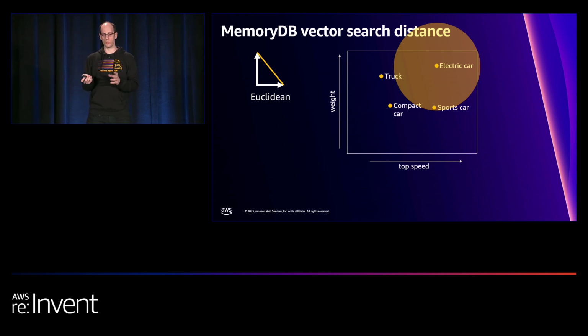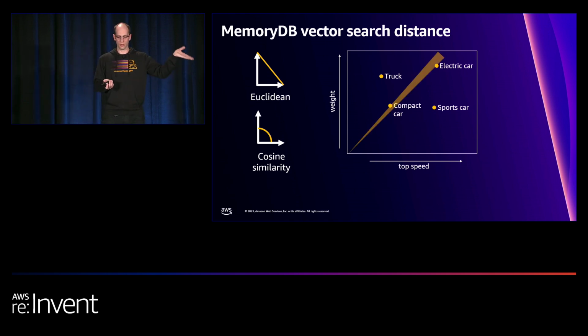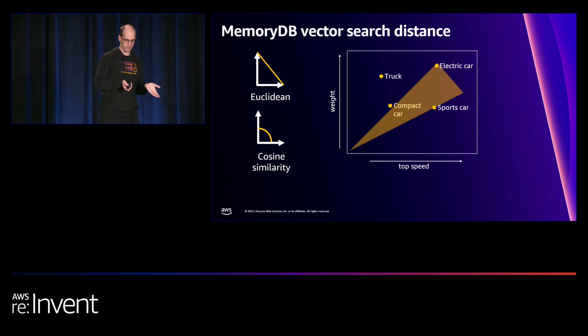But then if I switch to another type of distance, the cosine distance, the cosine distance looks at the angle between 2 data points. So here I'm going to draw the angle between the compact car and the electric car. And the angle is very small. That means they're very similar. But if I look at the angle between the electric car and a sports car, it's very big.